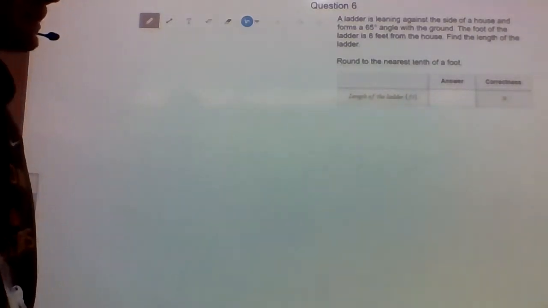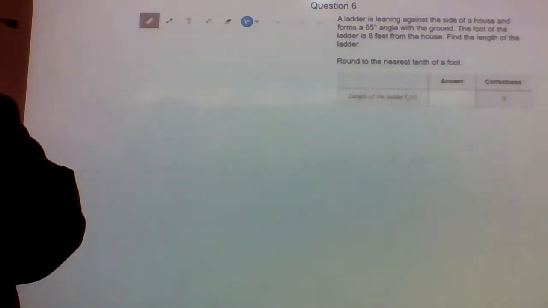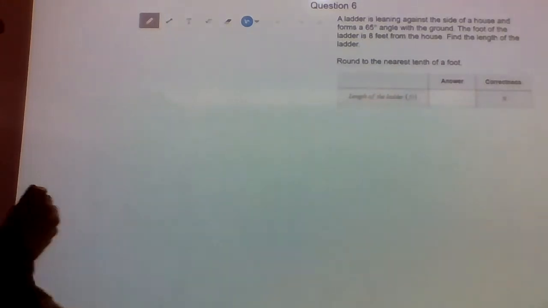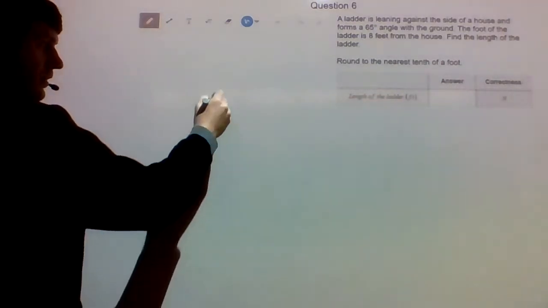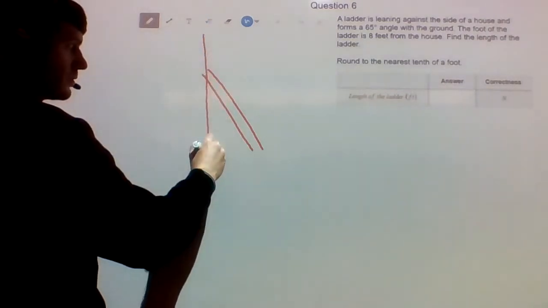We must have double-clicked. So a ladder is leaning against the side of a house and forms a 65-degree angle with the ground. The foot of the ladder is 8 feet from the house. Find the length of the ladder. Right, so we have a ladder leaning against the house. So here's a house.